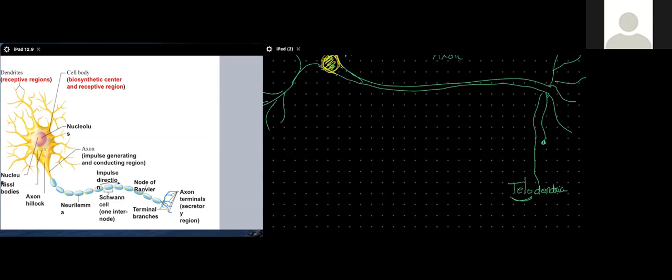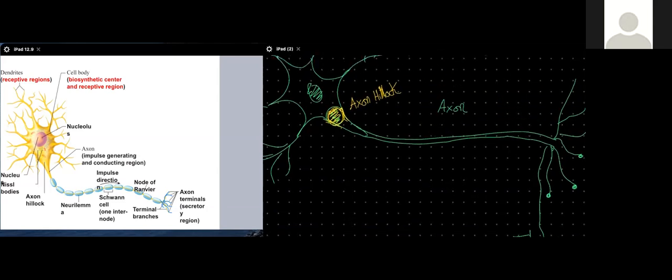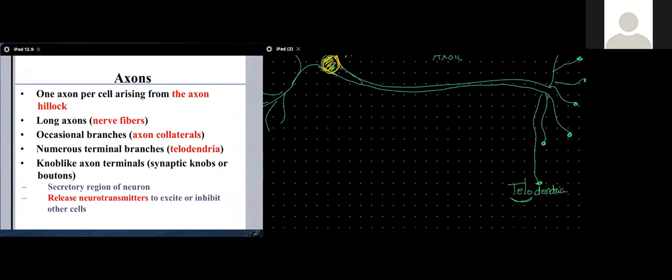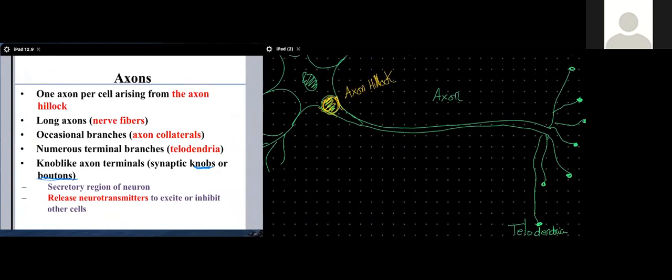Each of those telodendria will have boutons. We call them either the synaptic nodes or synaptic boutons. Those are those bulging ends located at the end of my telodendria.